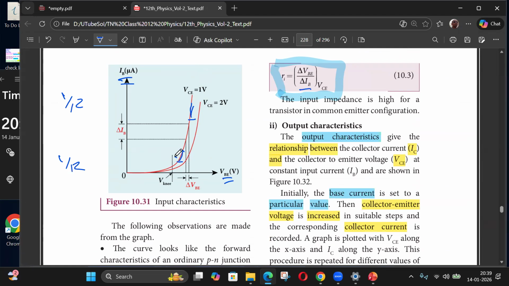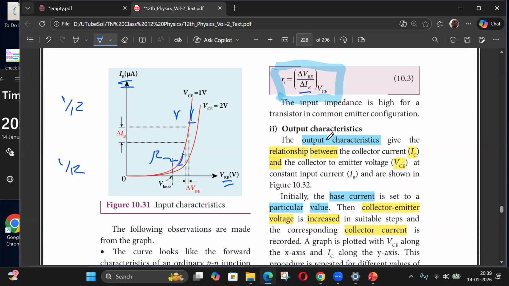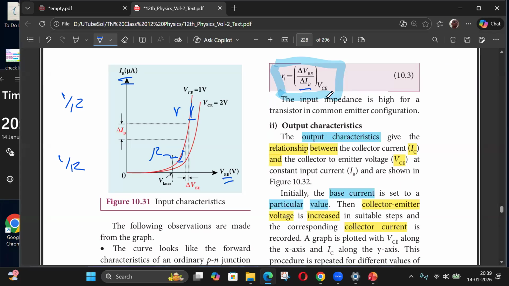So here resistance is more, here resistance is less, small r here, capital R here. So in general, for a curve which is not a straight line, it is more appropriate to define resistance as delta V by delta I, and for a given VCE, because you get different curves for different VCE.